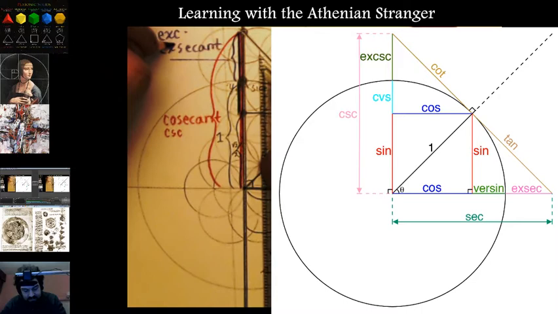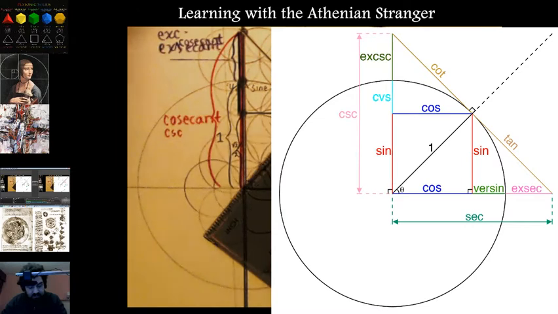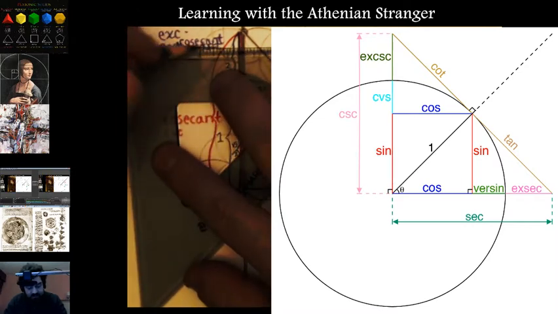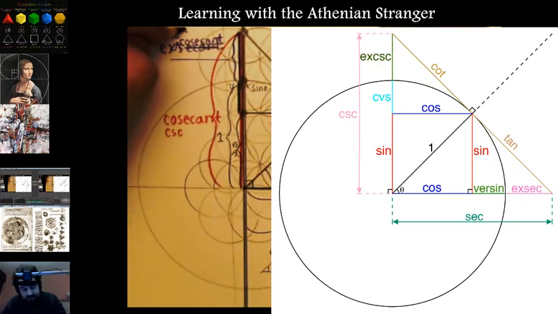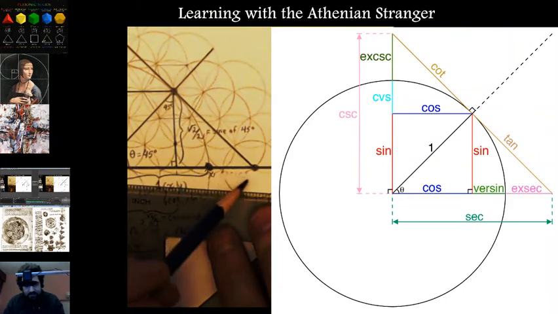Oh, I'm sorry, I made a mistake. So this is the x cosecant. Important difference. Not the x secant, the x cosecant. The x secant is actually this distance here.